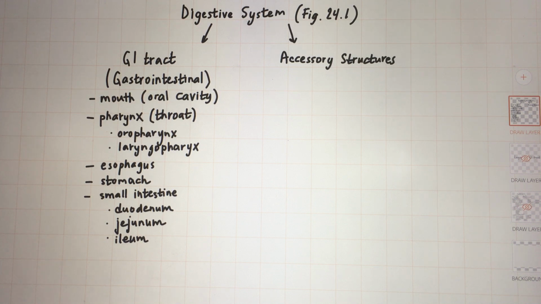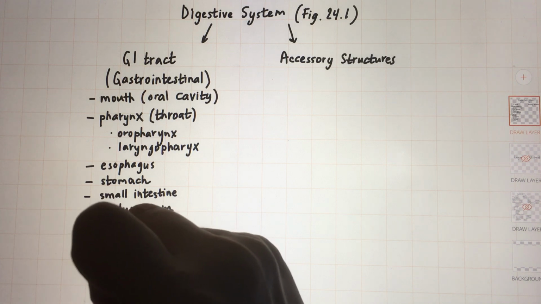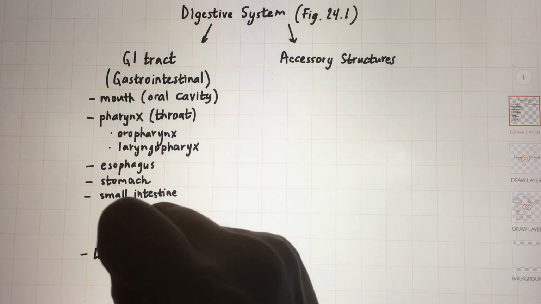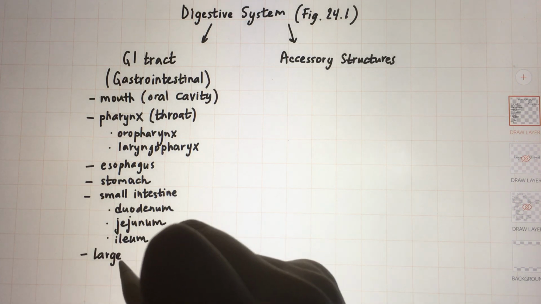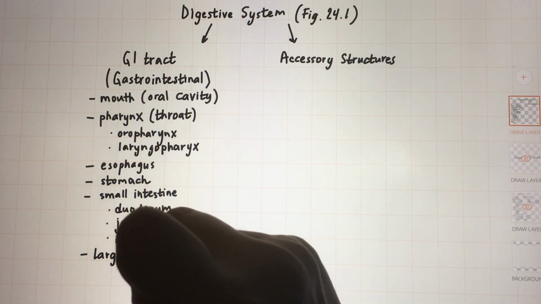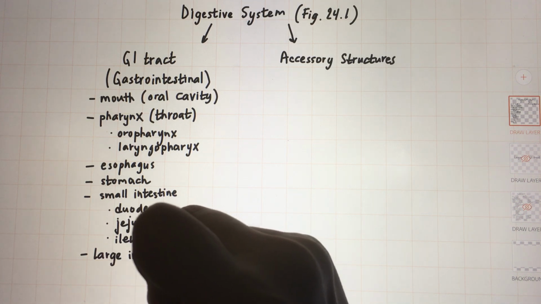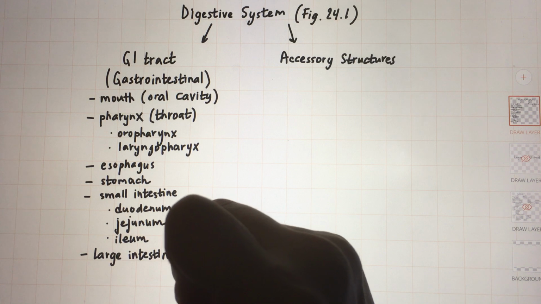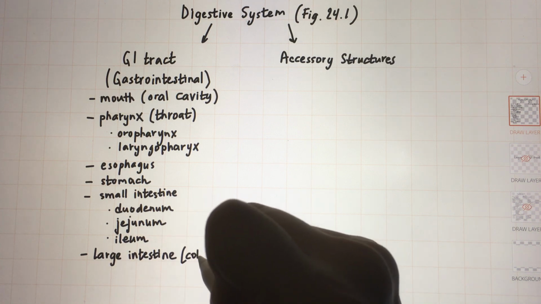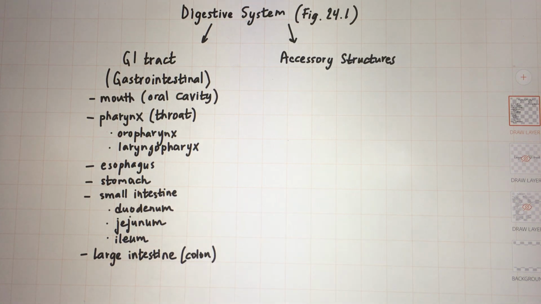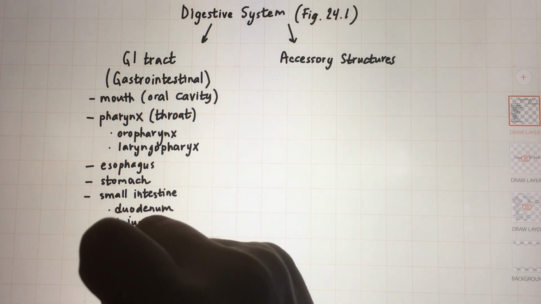The last part of the GI tract is the large intestine. The large intestine also has several sections. The large intestine is also known as the colon. The first part of the large intestine is the cecum.